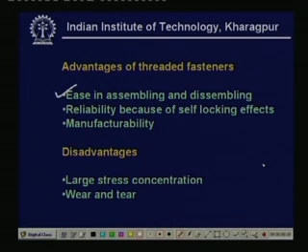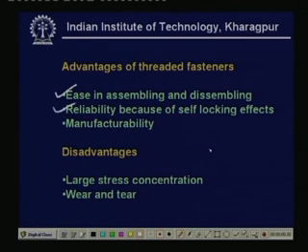This is very important, because that gives us a reliability measure. We do not want to keep an eye on the threaded fasteners all the time. We fix it up and then may forget about it. It will not come out on its own. So, here we have one advantage, that is reliability because of the self-locking effects.